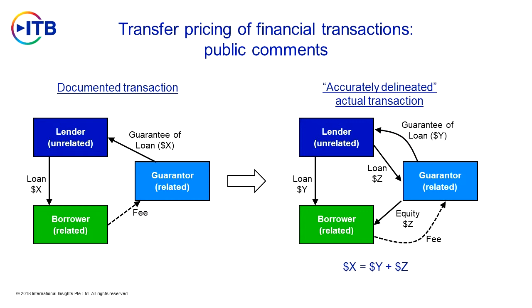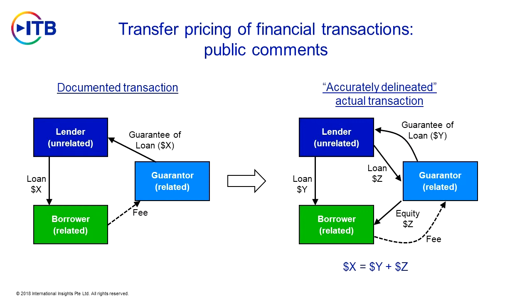Unrelated lender lends Y dollars to borrower. Borrower's loan of Y dollars is guaranteed by related party guarantor. Borrower pays a guarantee fee to guarantor. Lender lends Z dollars to guarantor, and guarantor makes an equity injection of Z dollars into borrower. And as shown at the bottom, X equals Y plus Z.